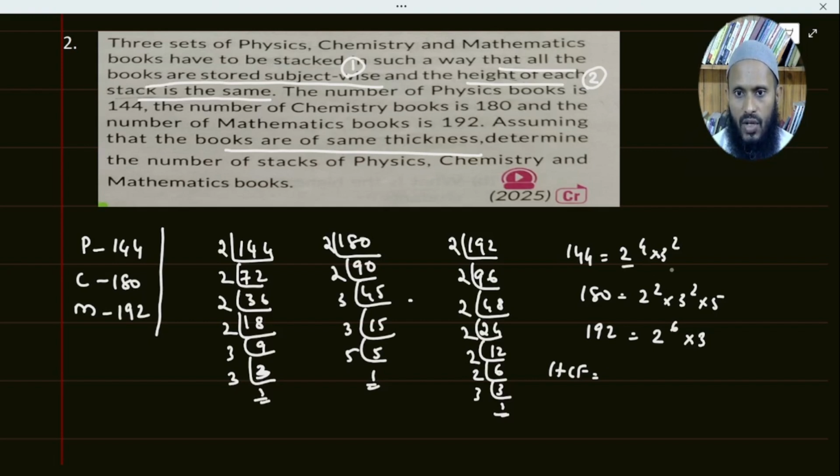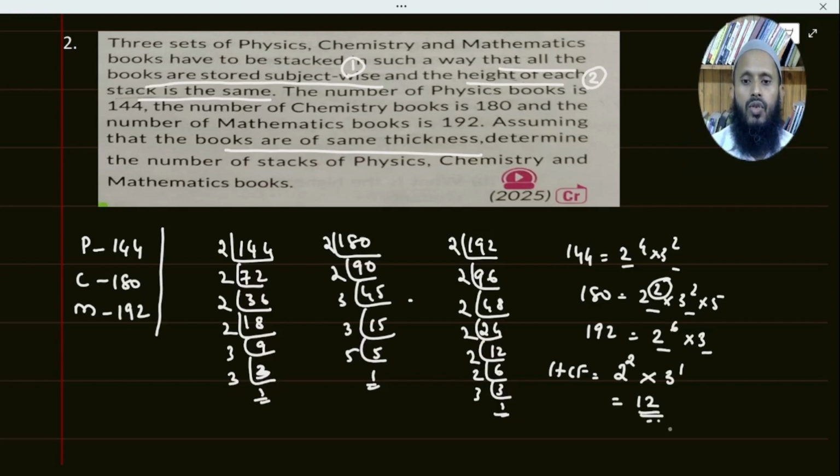So I can see that 2 and 3 are present in each of these 3 numbers. So I have to find the product of the smallest power of 2. What is the smallest power of 2? Square. This is the smallest power of 2, which is present in 180. So I have selected 2 square into, what is the smallest power of 3? Yes, it is present in 192, 3 raised to 1. So 2 square into 3 is nothing but 4 into 3, which is equal to 12.